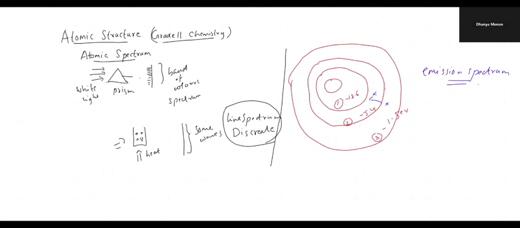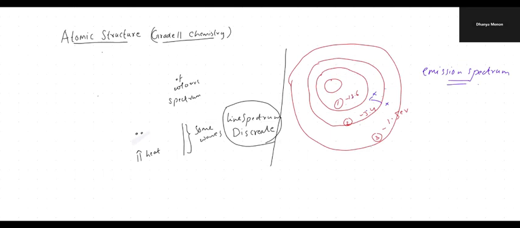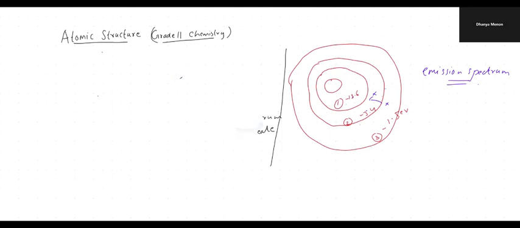Let's do a question on this. Students, I hope discrete, continuous and line spectrum are clear, and also the emission spectrum. Emission spectrum is when the electron comes back to the lower energy level, it gives off radiation, and the spectrum thus obtained is called emission spectrum.